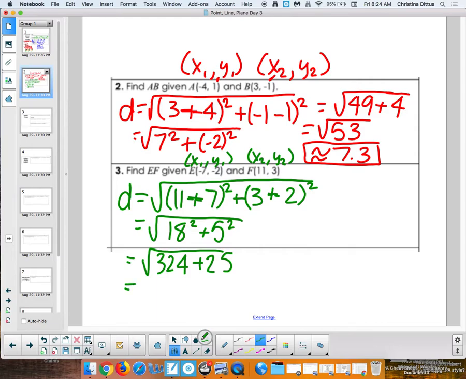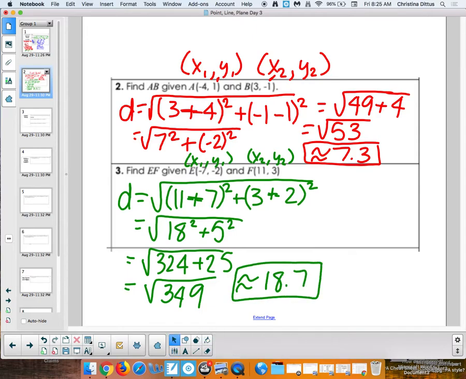Add 324 and 25. 349. And last step, put that into our calculator. Square root of 349. Give me 1 decimal spot. 18.7. Questions on distance formula?